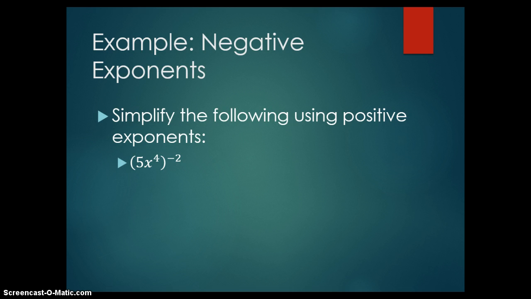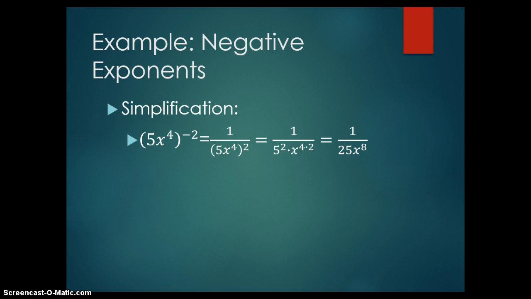And here's an example with negative exponents. We want to simplify the following using positive exponents. We always want positive exponents with negative exponents. So we are going to move the whole thing to the bottom of the fraction. So we have 1 over (5x^4)^2.